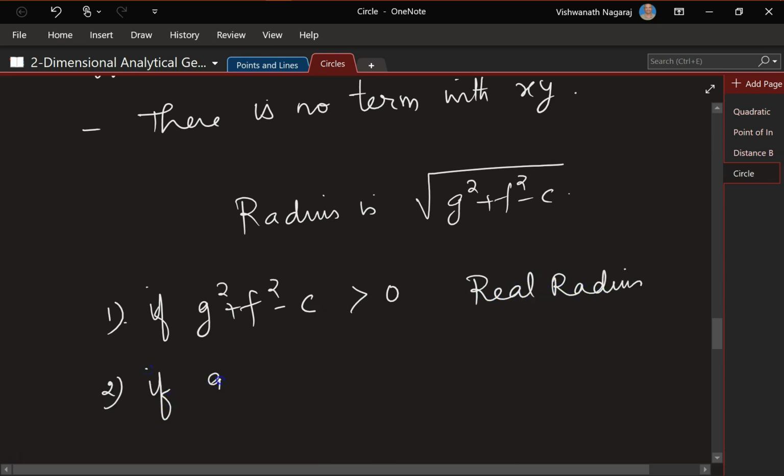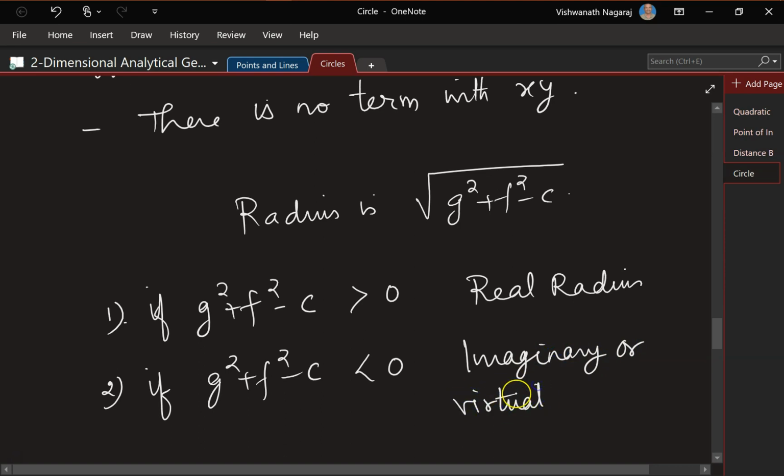If it is less than 0, then we will get an imaginary or virtual radius, a virtual circle.